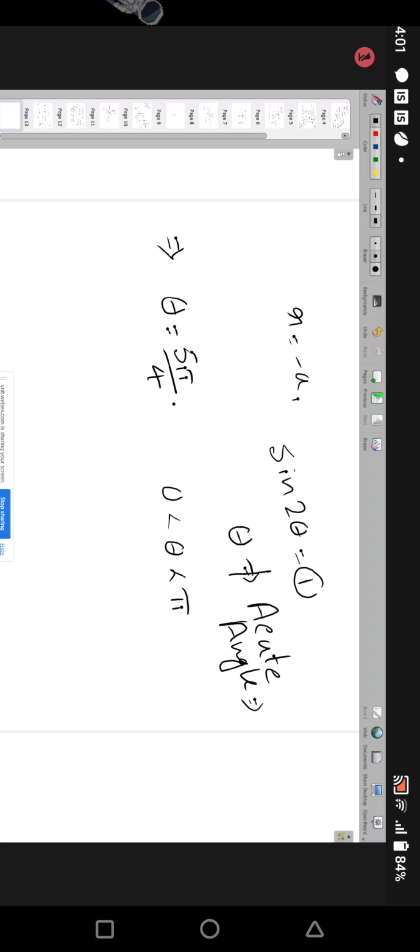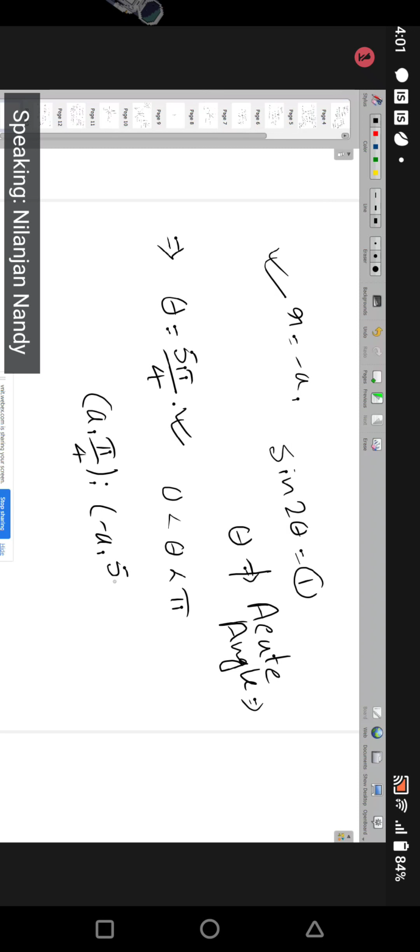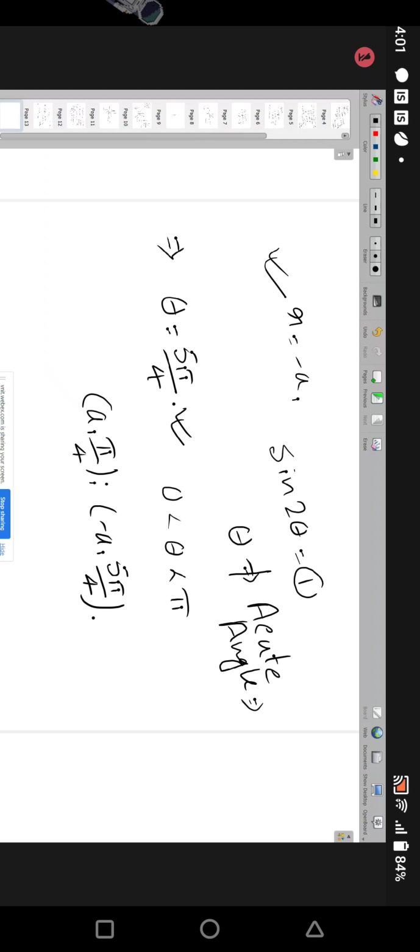The other possible value for theta is 5 pi by 4, because you are selecting r as a negative value. So what are the 2 points? One is a comma pi by 4 and another one is minus a comma 5 pi by 4. So these are the points we are having.